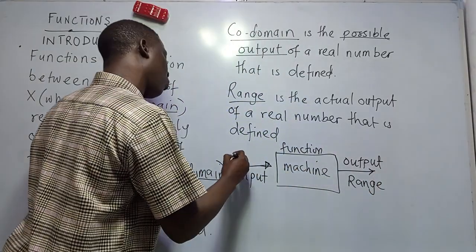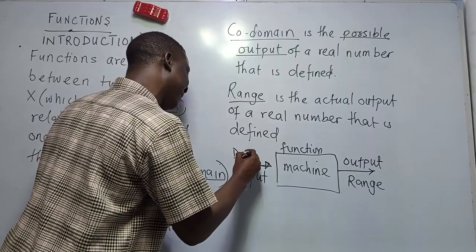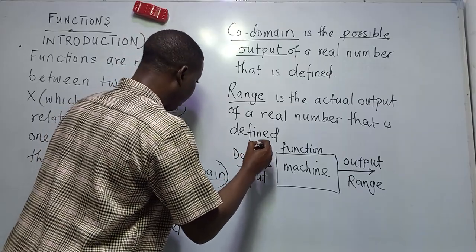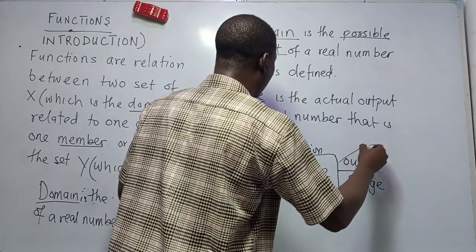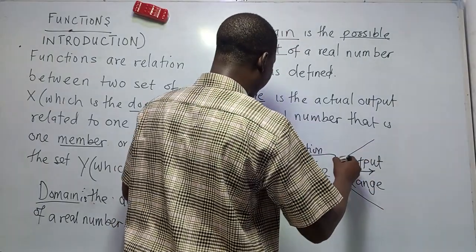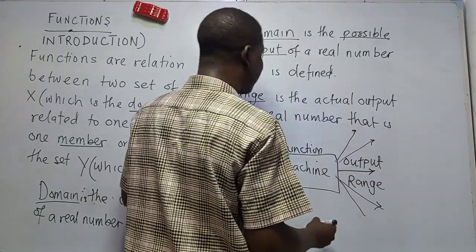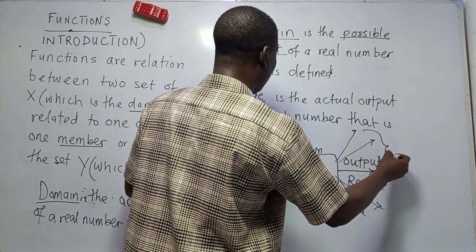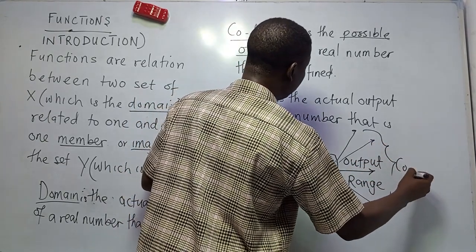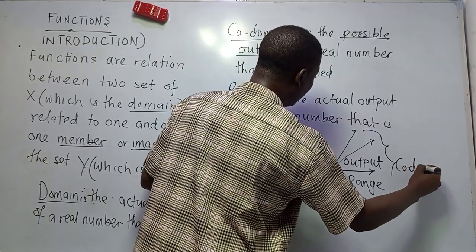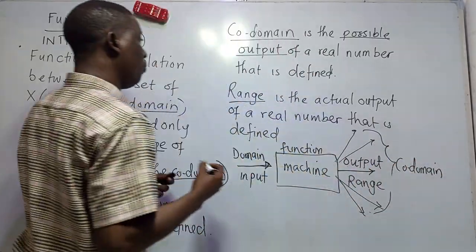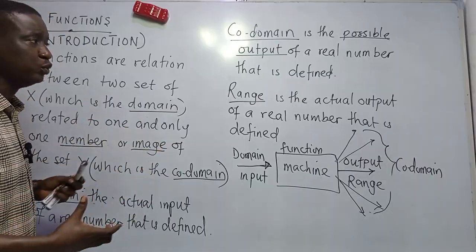The input is what we call the domain. Then there are possible outputs that can come, possible, they are not actual. There are possible outputs that this machine can produce. Those possible outputs are what we call the codomain. The codomain is the possible output.